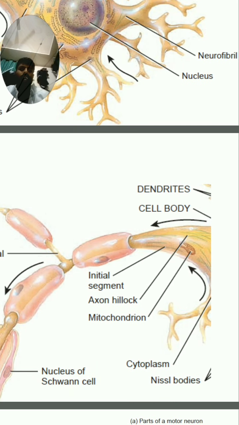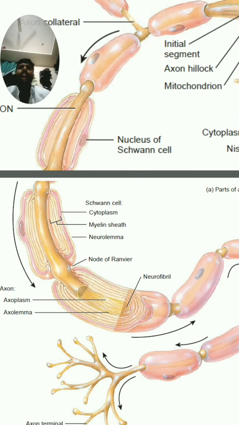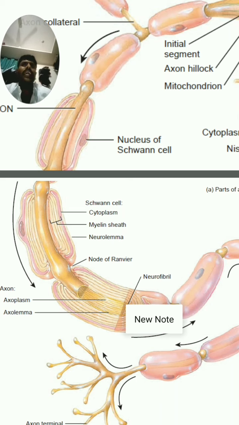Mitochondria provide energy to the neurons by producing ATP. The cytoplasm of an axon, called axoplasm, is surrounded by a plasma membrane known as the axolemma. Lemma means sheath or husk.